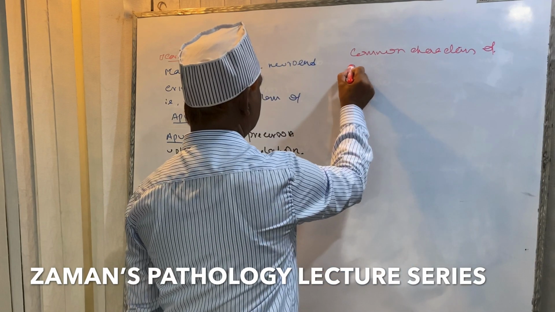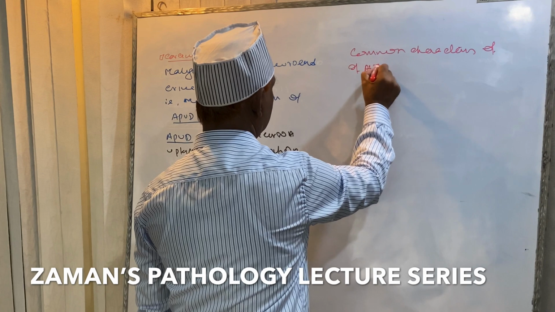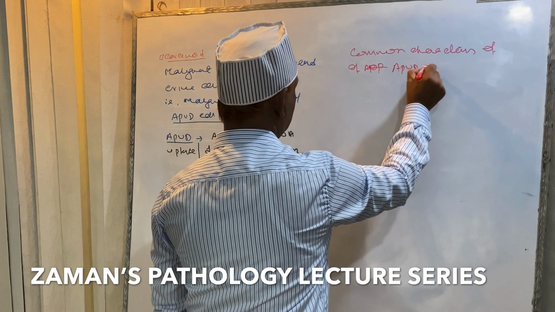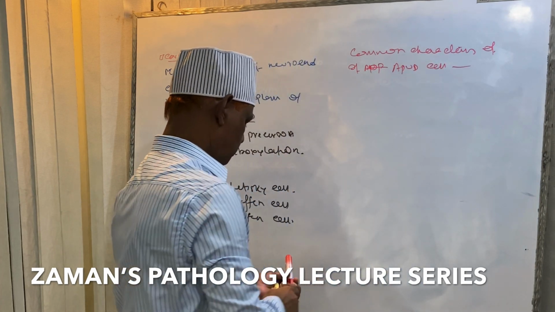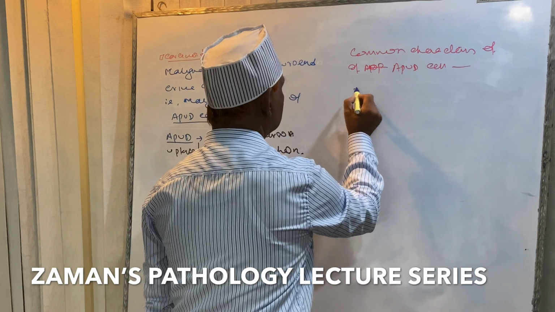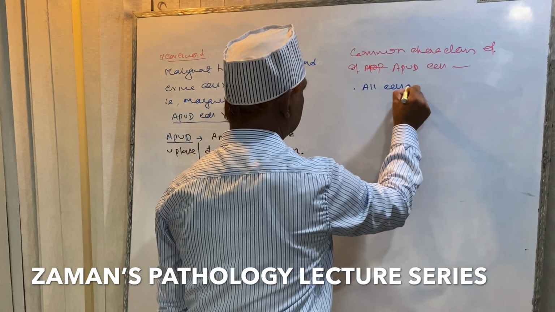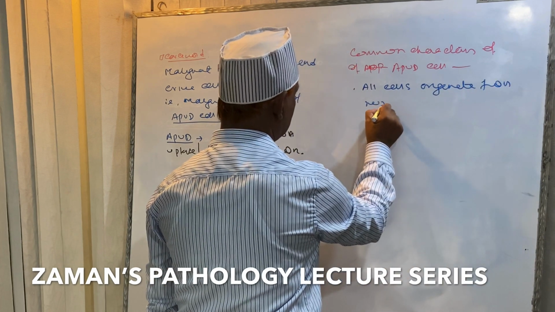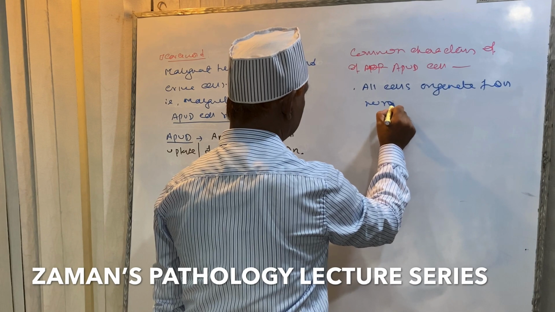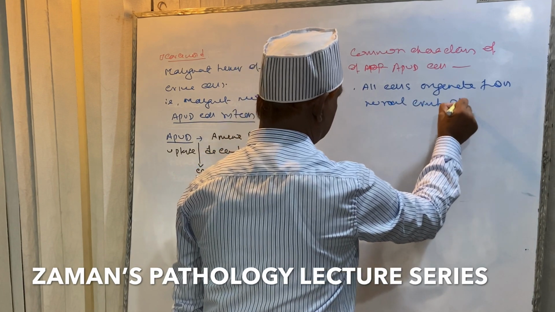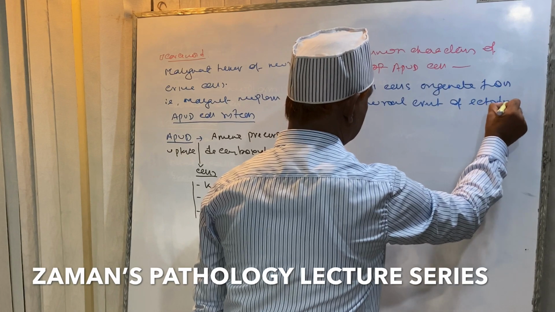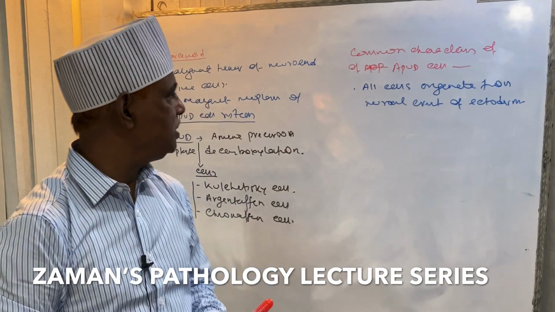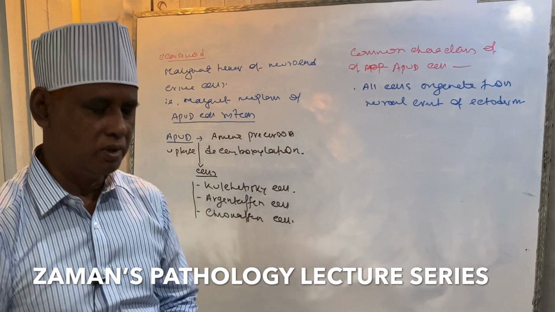Common characteristics of the Apud cell system: all the cells originate from the neural crest of ectoderm.